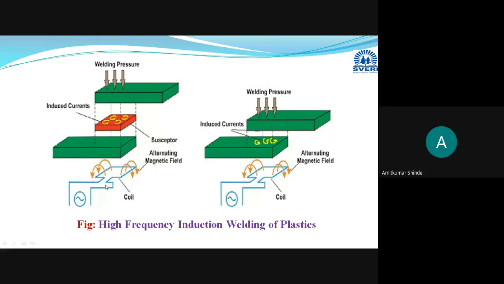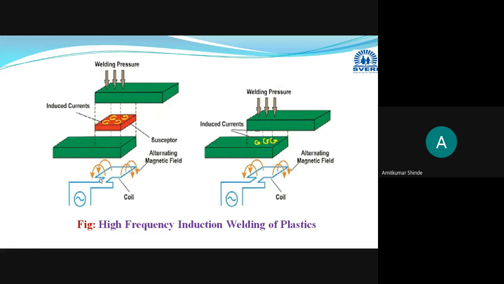Those eddy currents are generated due to the alternating magnetic field created by passing the alternating current through this inductor coil. I will repeat it again. An inductor coil is taken, and we pass alternating current through it.